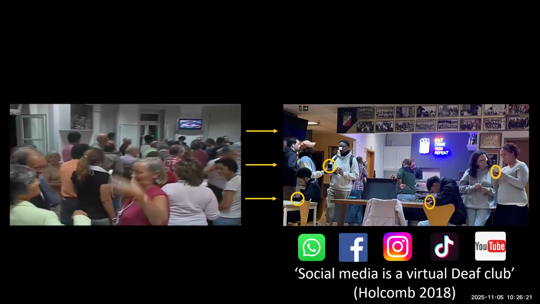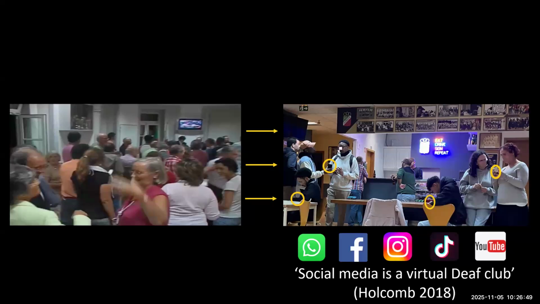People said that previously most people's access to sign language happened in these sites, and people used Portuguese Sign Language predominantly because they had these very strong local networks of people that also used Portuguese Sign Language. Whereas now, because of patterns of socialisation having changed, not just within deaf communities, but more widely, some of the language shifts have happened around this too. And you can see this quote on the slide here, which is: social media is a virtual deaf club.